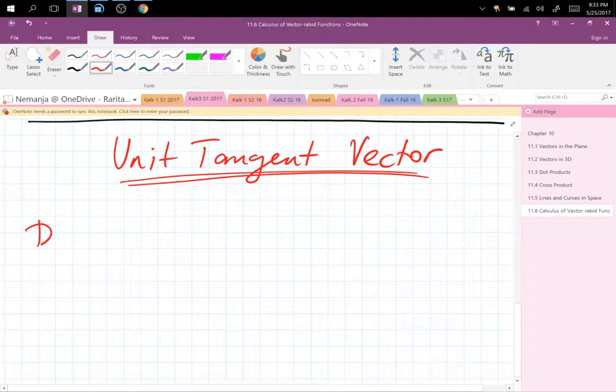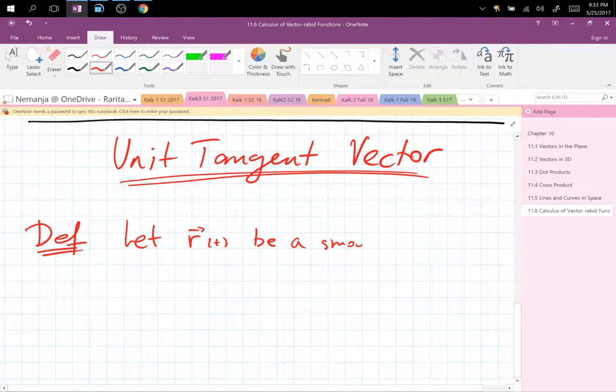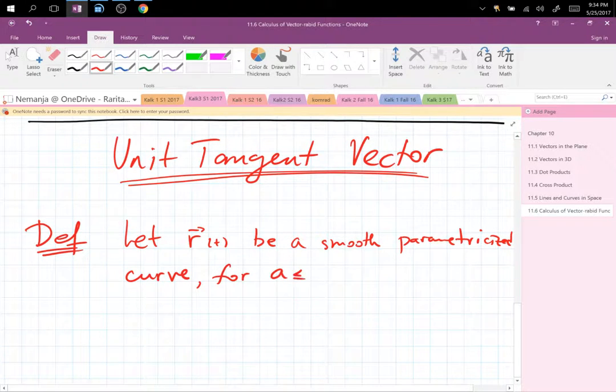So the definition for the unit tangent vector is: let r of t be a smooth parametrized curve for a less than or equal to t less than or equal to b.